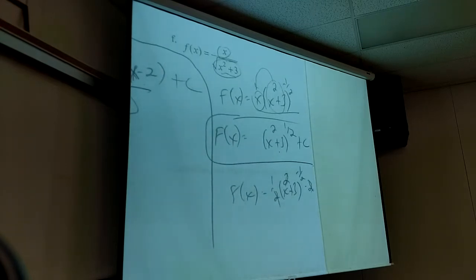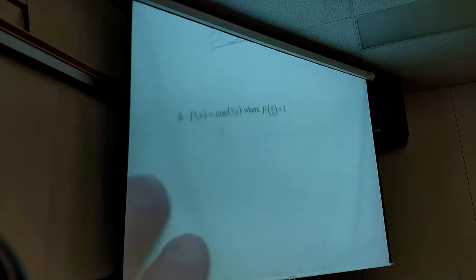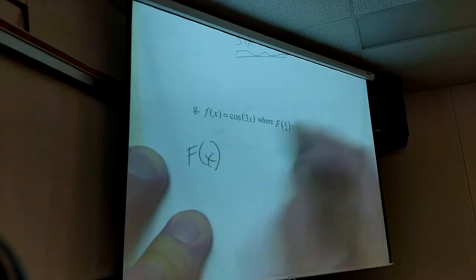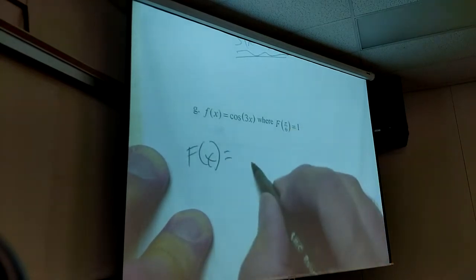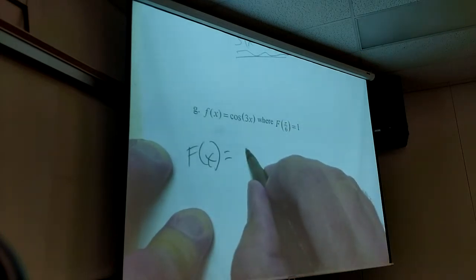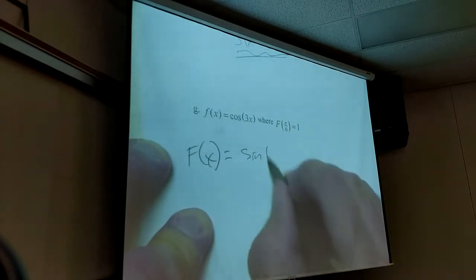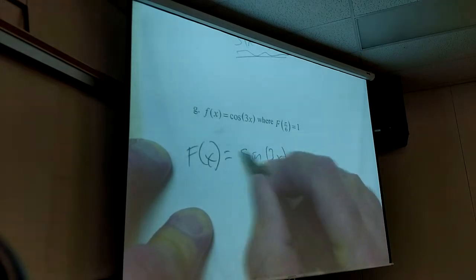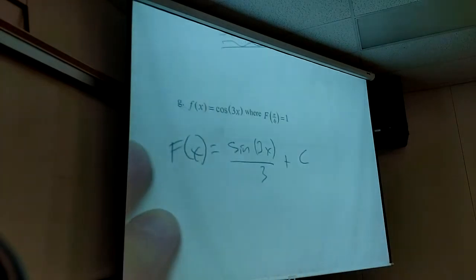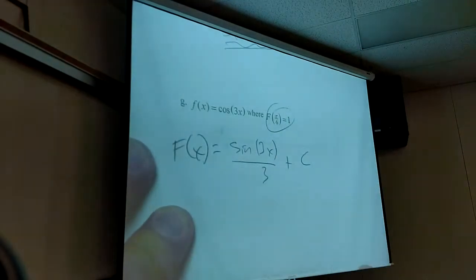All right, this next one's not nearly as bad. The big F should be relatively easy to find. What do you get? Yeah, you get sine 3x, but then a 3 would come out that you don't want, so you take 1/3 of that. And now you just use that information.